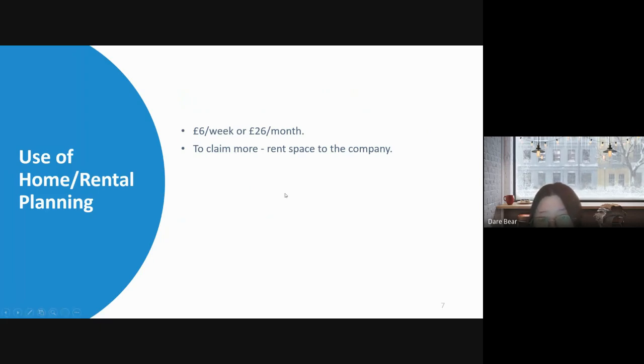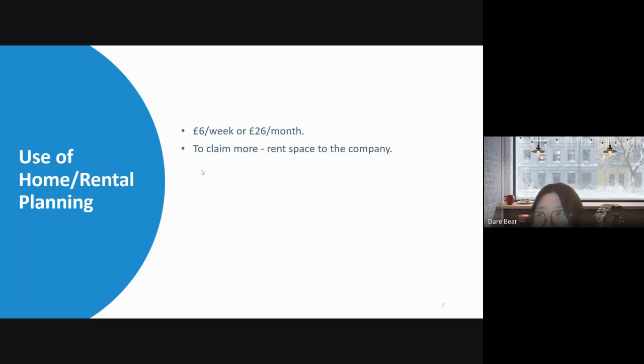Another, maybe more effective way is to rent one of your rooms to the company, and you can claim more. With the real cost deduction as business use expenses from your company, it cannot include, for example, your rent cost.